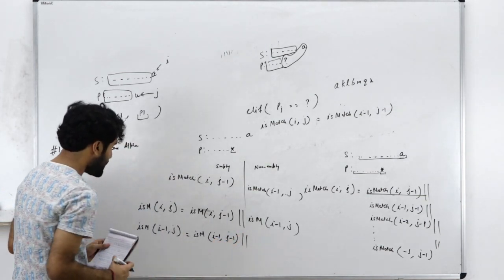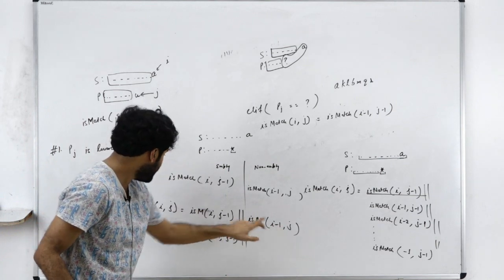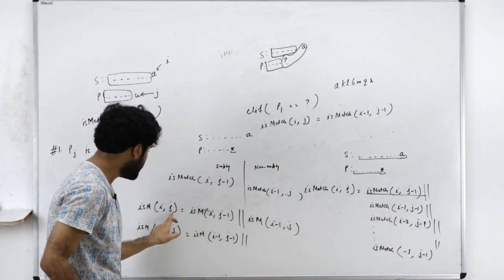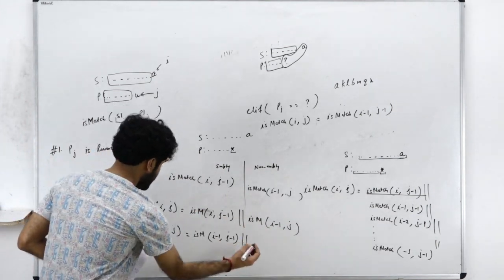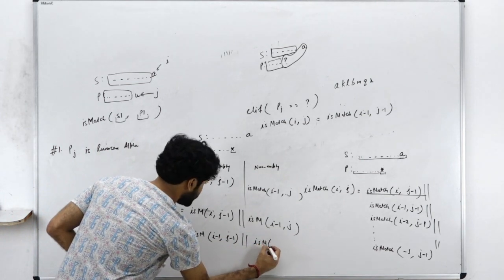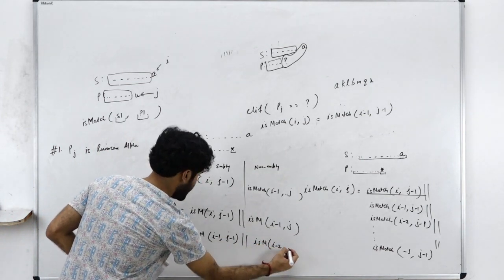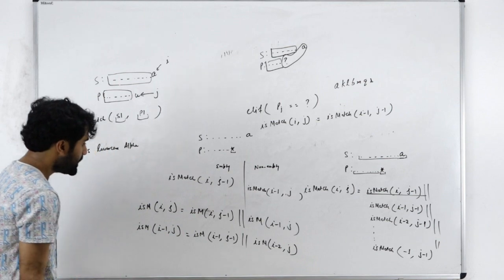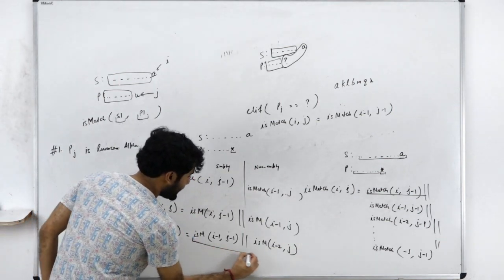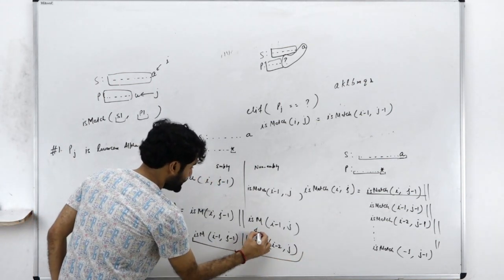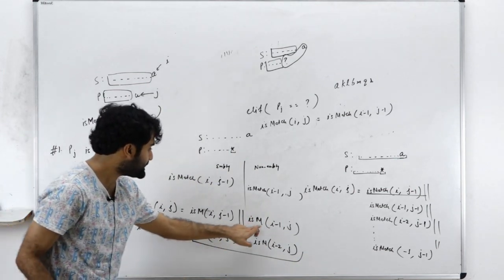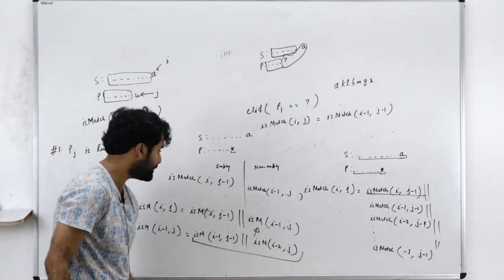And about the OR, in this case your i got decremented by 1 unit and j remained as it is, so here your i will get decremented by 1 unit and your j will remain as it is. Now you can plug this entire thing over here, because this thing would be broken down in this form.